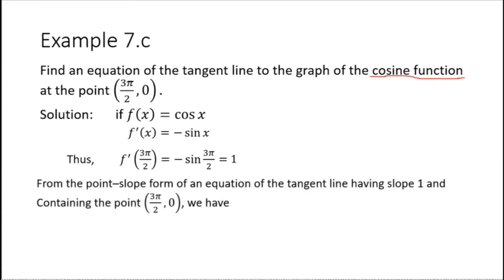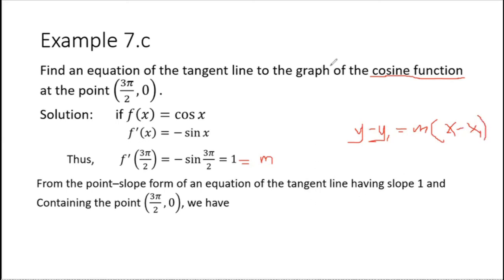Then, from the point slope form of an equation, we have what is called the point slope form. This 1 that we got is now what represents our slope. That is our slope. The point slope form of a line is y minus y sub 1 equals slope m times x minus x sub 1.